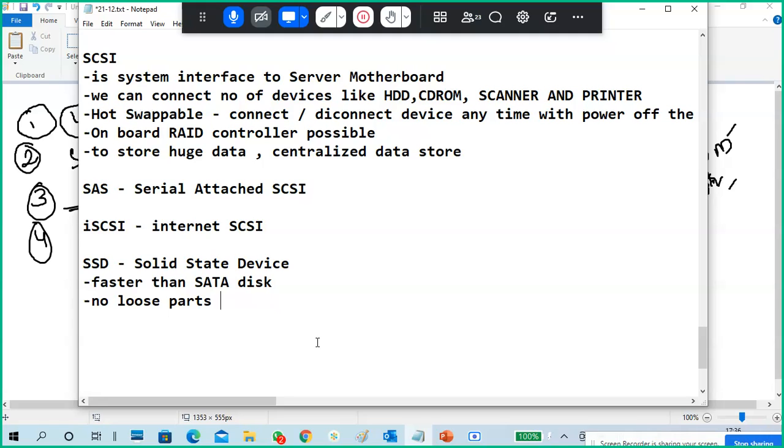Okay, so this doesn't have any loose parts, no heat kind of stuff, it is a plastic body, so usually no damage occurs. And lightweight, it is very lightweight, so you can carry it from one place to another. Okay, SATA hard disks are heavyweight and SSDs are lightweight and faster.